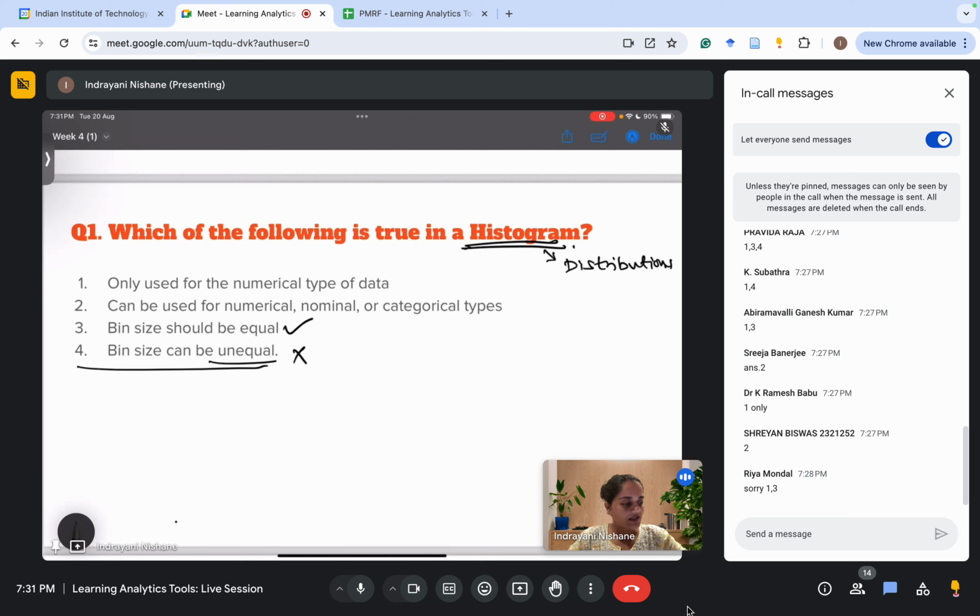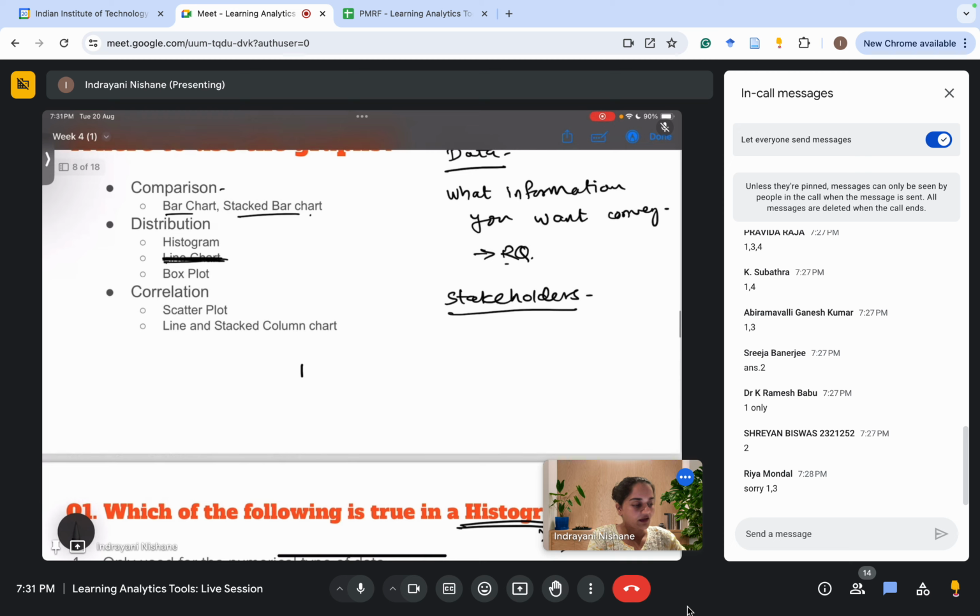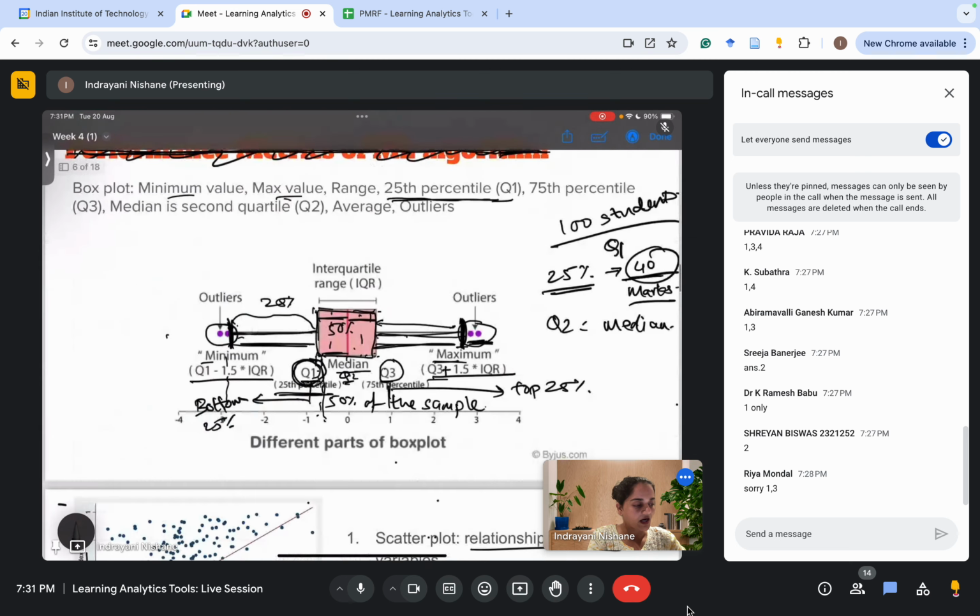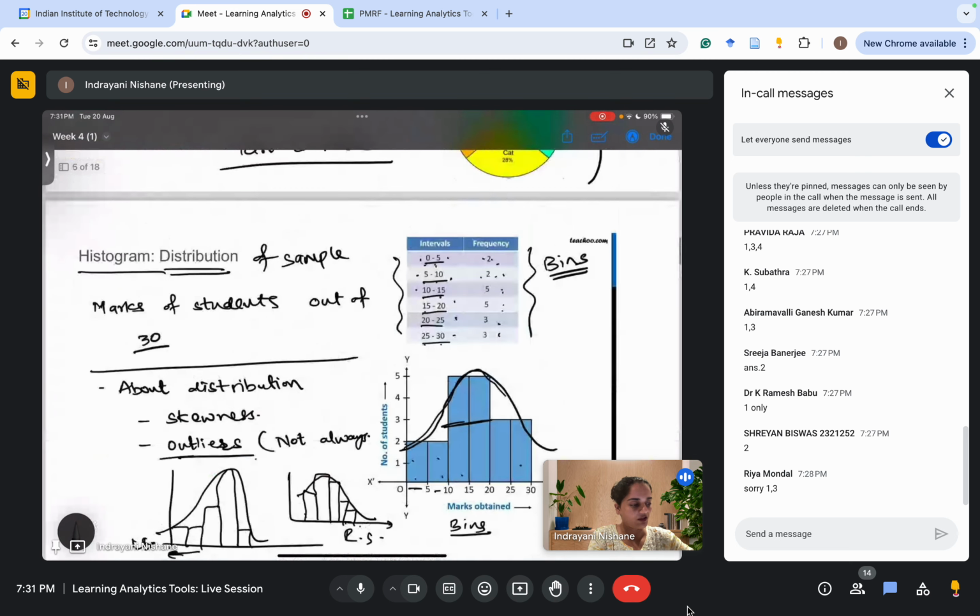Okay, so this is about the data for which we are plotting the distribution, right? Here we are capturing continuous data. Marks is a numerical value, but we are converting it into intervals.